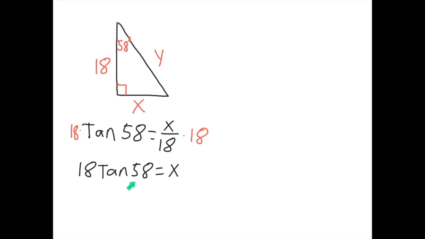This is the tangent of 58, so we can't say 58 times 18. We have to say 18 times the tangent of 58. Then you would put into your calculator 18 times the tangent of 58.